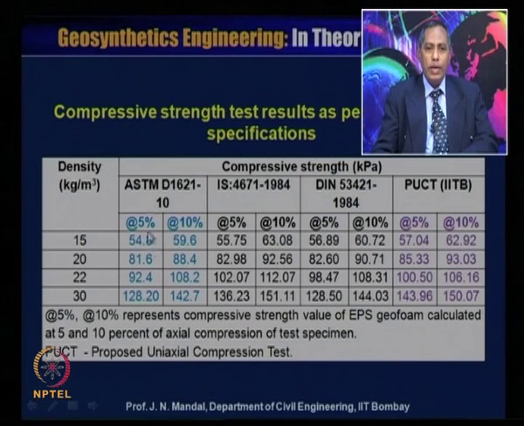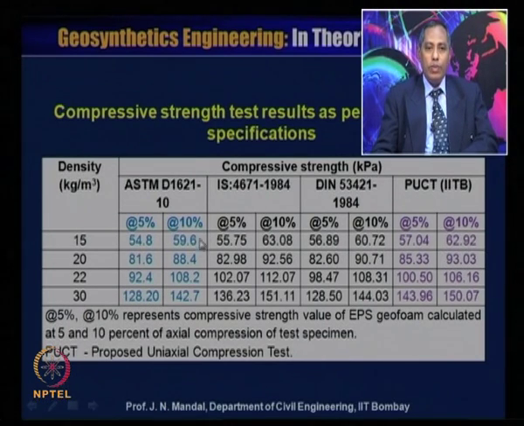You can see as per ASTM this is 54.8, then when density is 20 it is 81.6, when density is 22 then compressive strength value is 92.4, and when density is 30 this is 128.20.